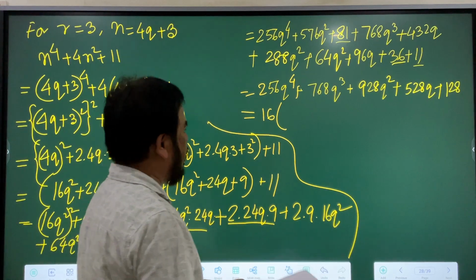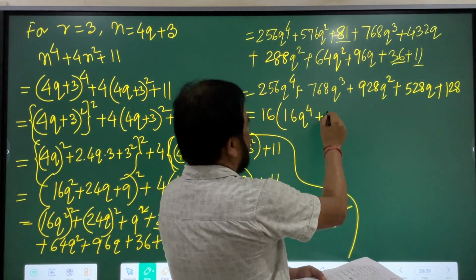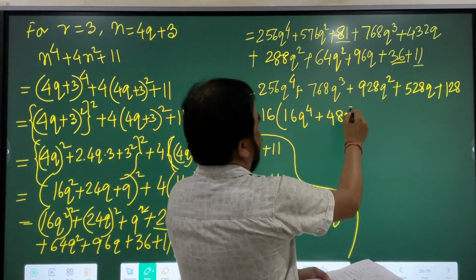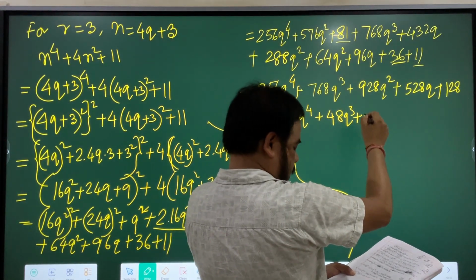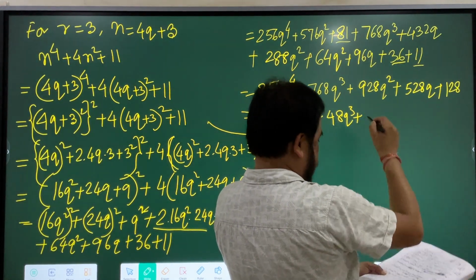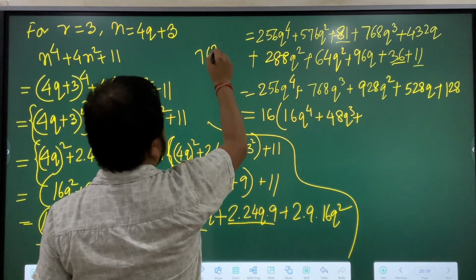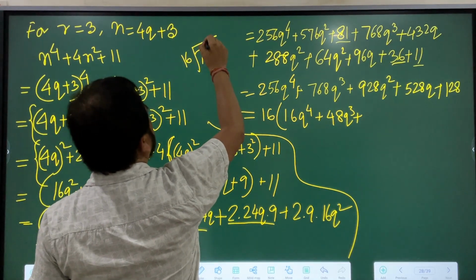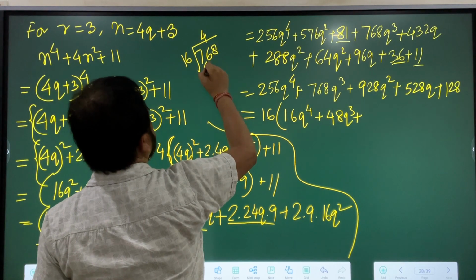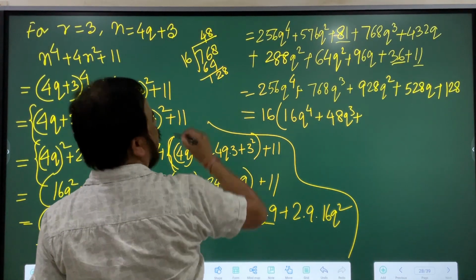After taking 16 common, 256 divided by 16 we know. 768 if we divide by 16: 4 sixteens are 64, 2 eights are 48.